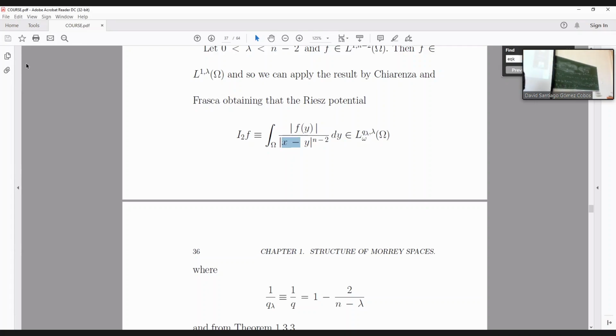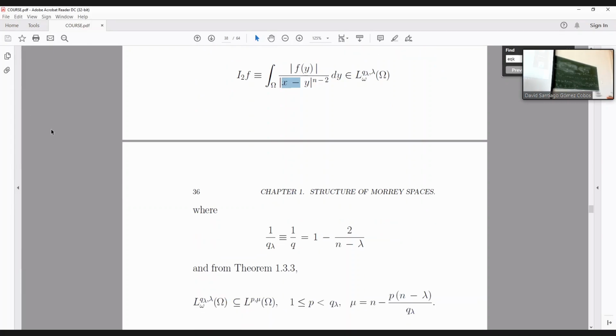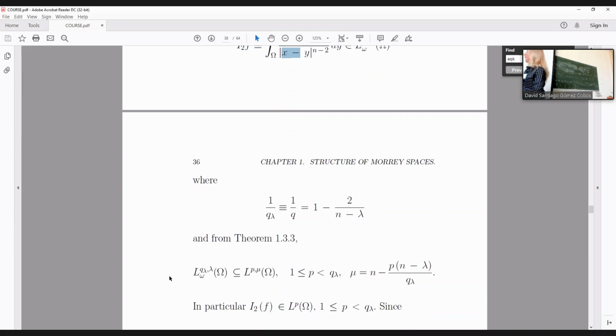What we have is that the weak space L^{q_lambda,lambda}(omega) is contained in L^{p,mu}, where p is between 1 and q_lambda, and mu is n minus the fraction where we have p times n minus lambda in the numerator and q_lambda in the denominator.